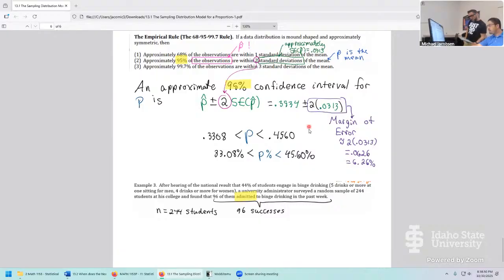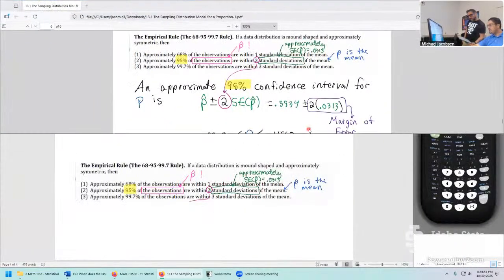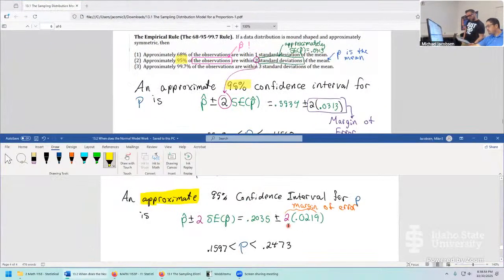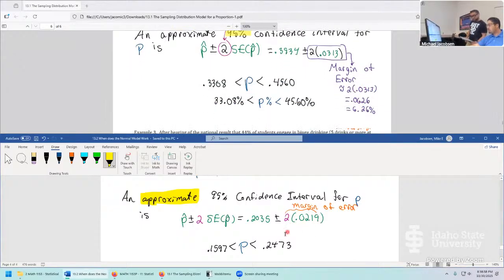That was the 2 times the 3.013, and that's the same as this 2 times 0.0219 in this problem down below. So the margin of error is always the number times the standard error. Okay, so you would just calculate that and then you would plus or minus it to that number. Exactly. We did it all at once in the calculator. I just saw that from my notes from last time. Gotcha. Thank you. Yep, you bet.